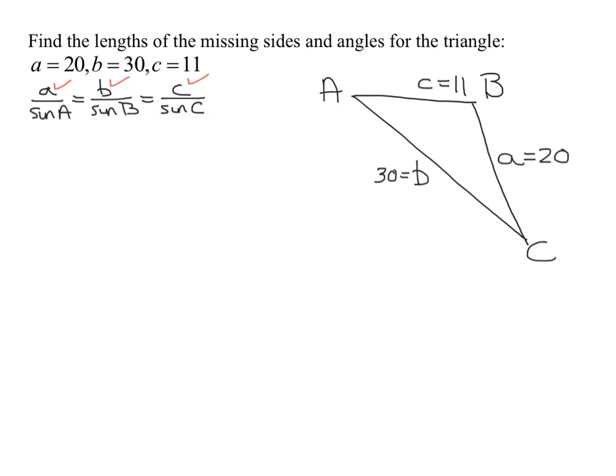So since I'm trying to find an angle using the law of cosines and I want to find angle B, it has to be the version of the law of cosines that starts with B squared.